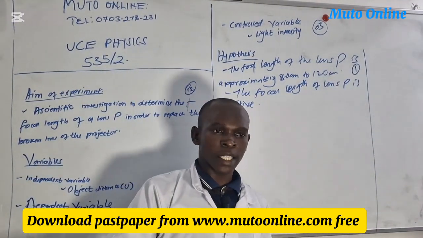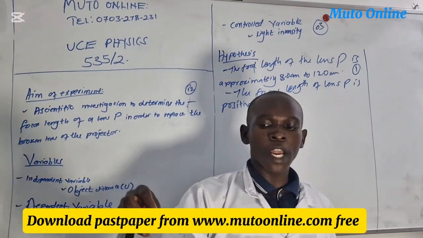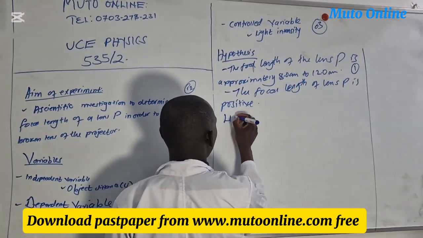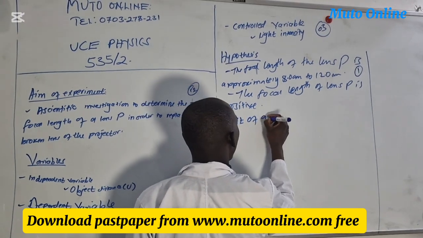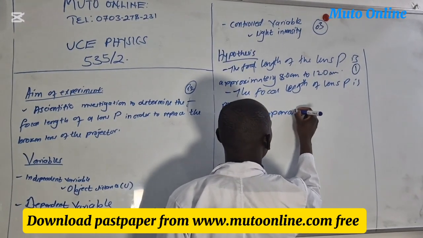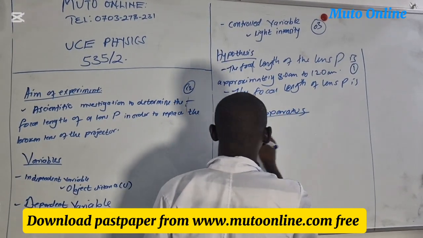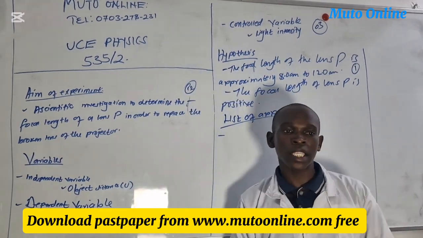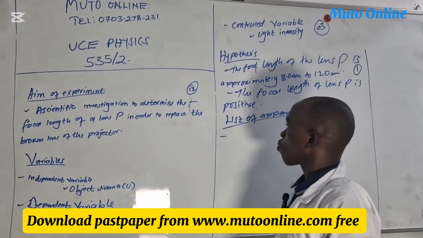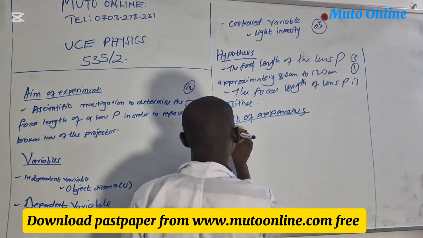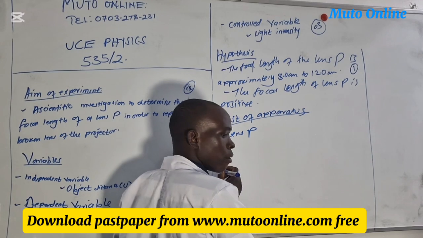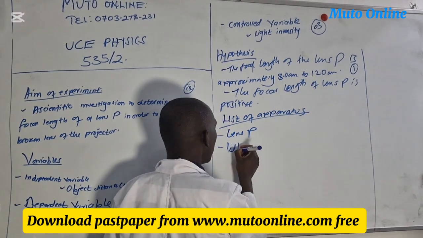Now after stating the hypothesis, we now go to the list of apparatus. The list of apparatus, just outline them. What are you going to use in this lab experiment? So 1, we shall need a lens P. We shall need a white screen.